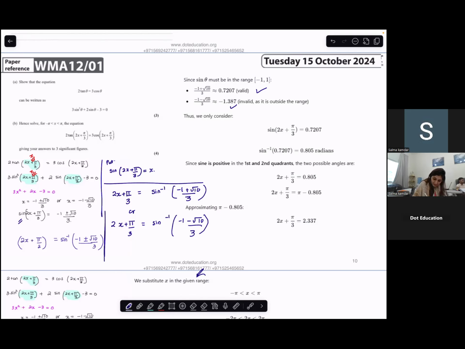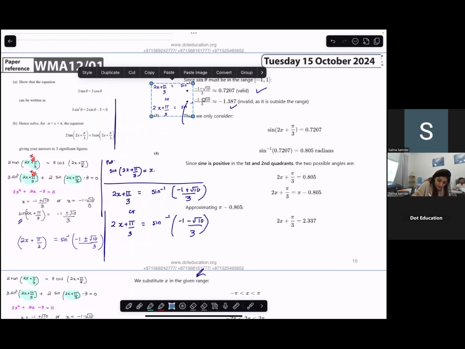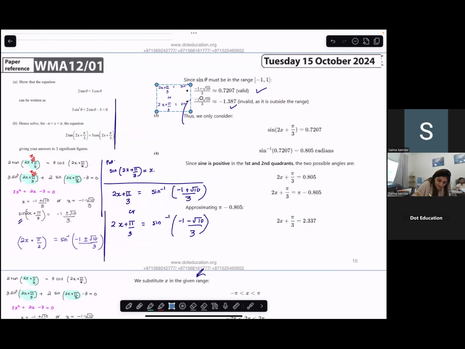Okay, fine. So now what do I do? Come on, tell me. How do you know which one is valid, which one is not valid? Why? What makes you say that? Okay, fine. So you're saying that the minimum point for sine is minus 1 and the maximum is 1.